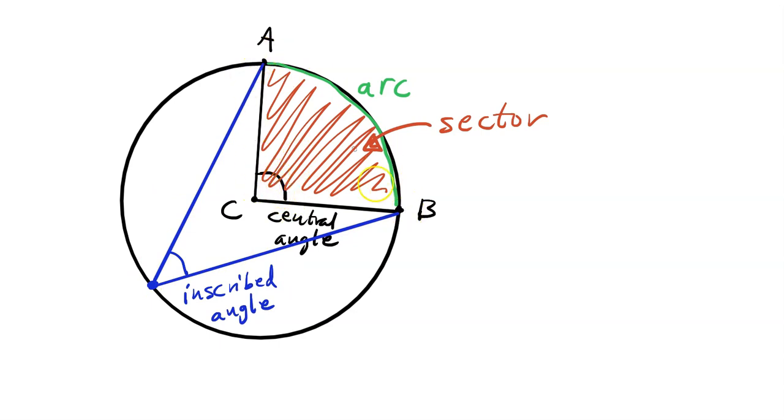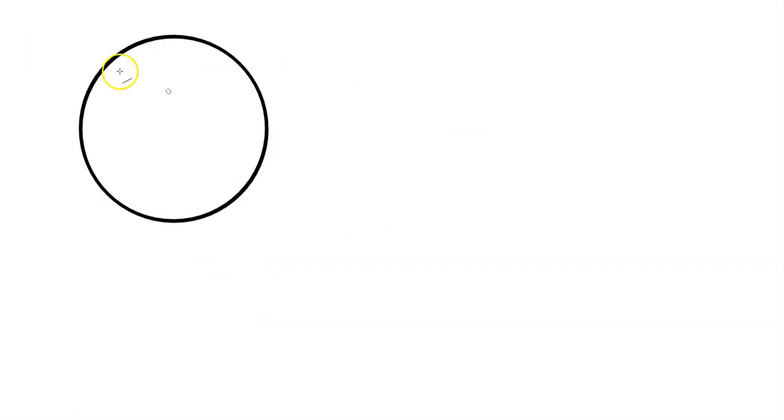They go to the same two points, but one goes from the circle, the other one goes from the center. If you have a circle with radius r, then the area of the circle is pi r squared, and the circumference is 2 pi r, or if you like, pi times the diameter.